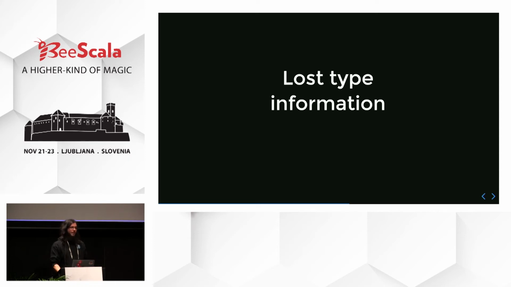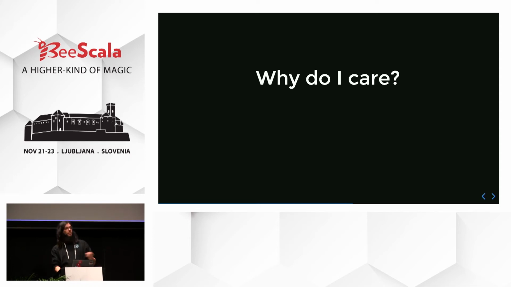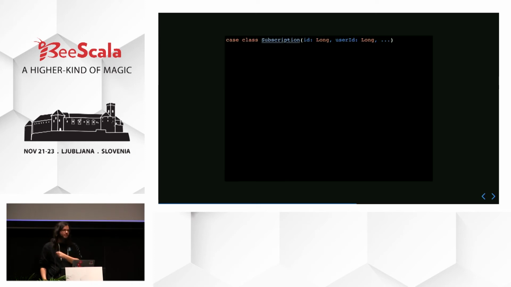So the first question would be, why do I care so much about this little thing? Some people might call it little. I would argue not. So let me take you a little bit back to when I became a professional developer. I got my first job. And let's say that I have a case class of a subscription that has the ID that is a Long and the user ID which is a Long as well. And so there's a subscription repository.